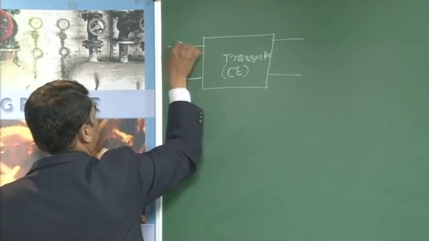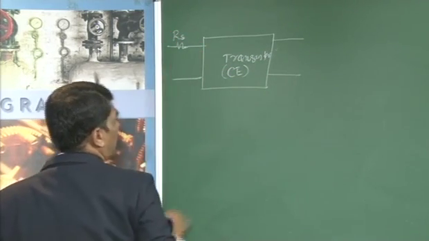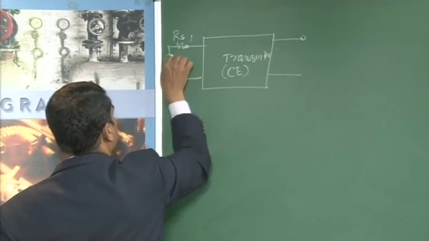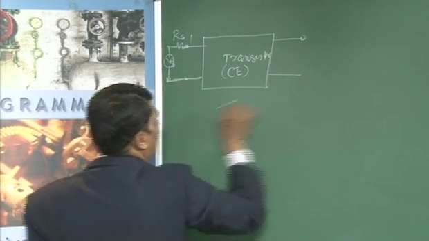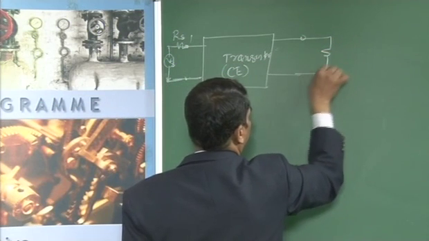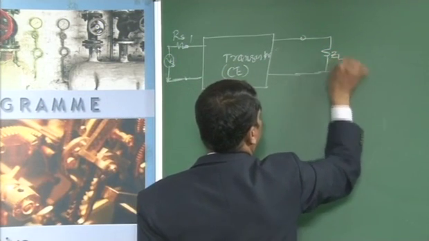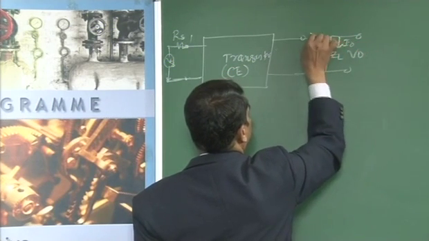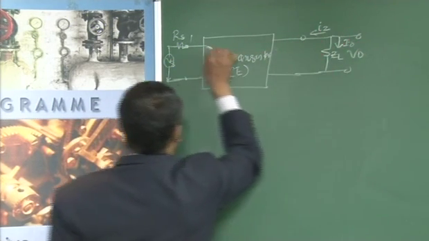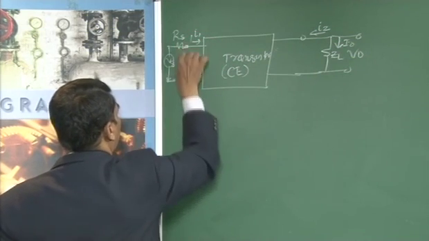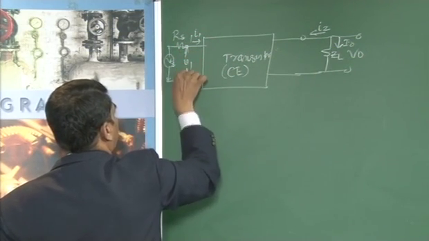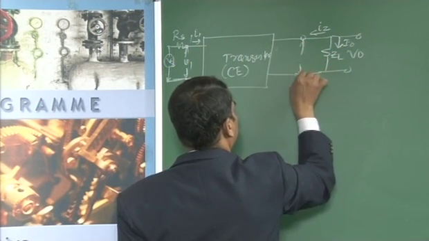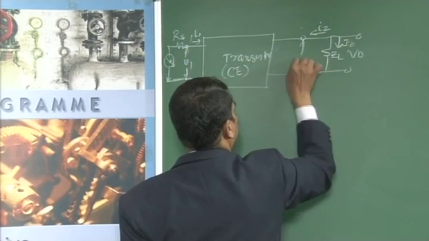This transistor is supplied with an external source with resistance Rs, and the input applied is Vs. Output is taken across a load impedance ZL, and this output voltage is V0. The current flowing through it is I0. This is your I2, this is your I1, the voltage at this point is V1, and the voltage at this point is V2.